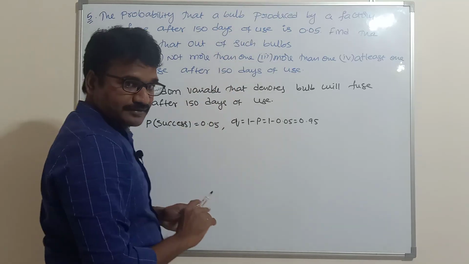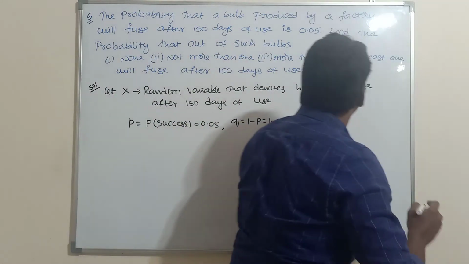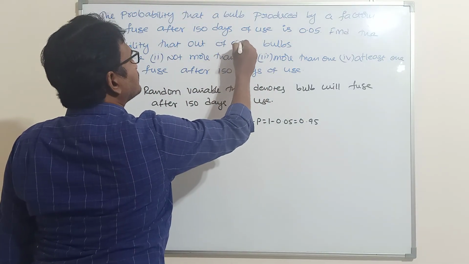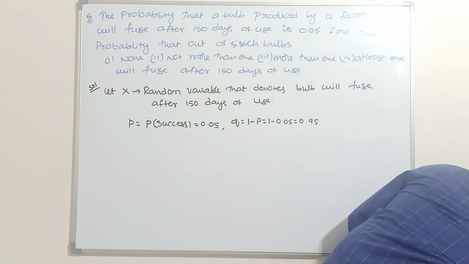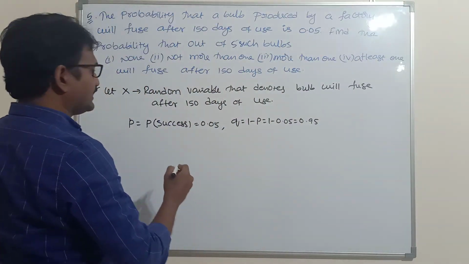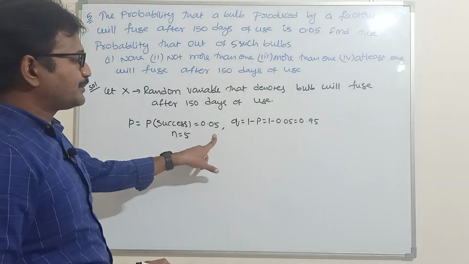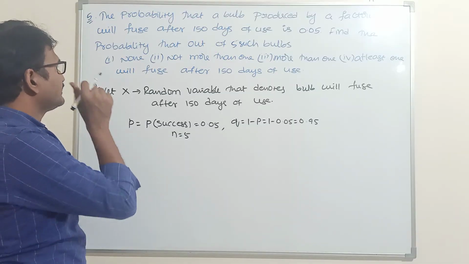Find the probability that out of 5 such bulbs. Sorry, I forgot to write 5 such bulbs here. So N is equal to 5, P value is 0.05, Q value is 0.95.